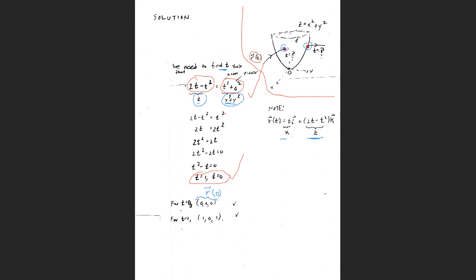All you do is substitute t equals 0 into the space curve here. When t equals 1, the position vector of the space curve after 1 second is going to be 1, 0, 1. Again, just substitute t equals 1 in here. And that's how you get that answer.